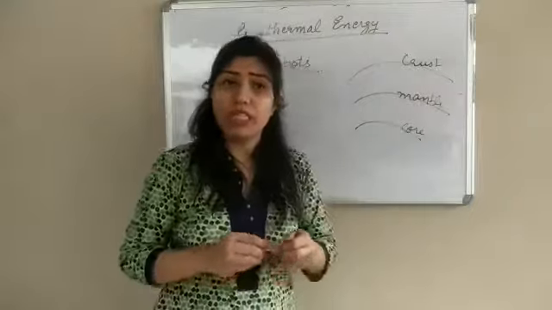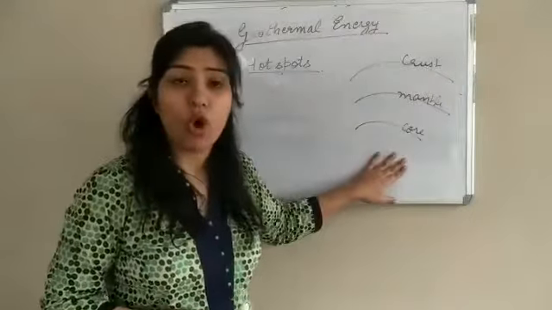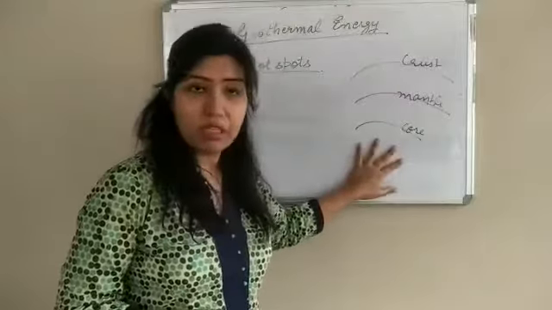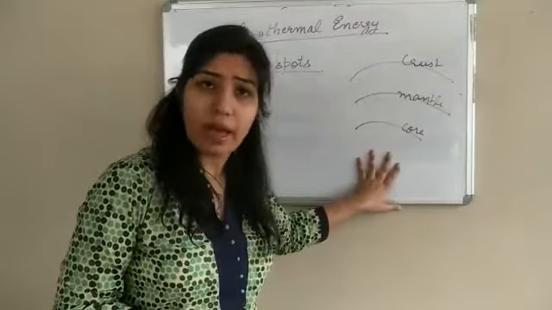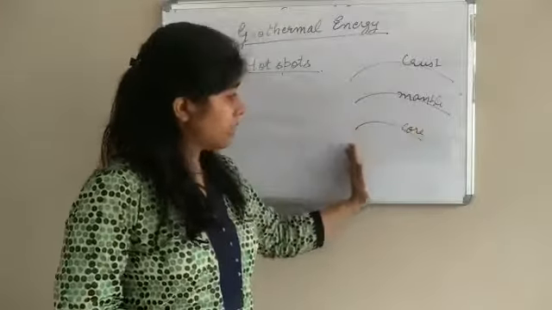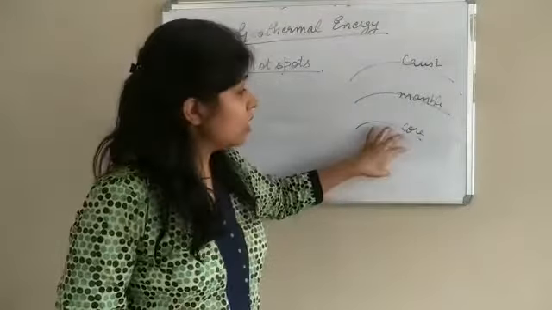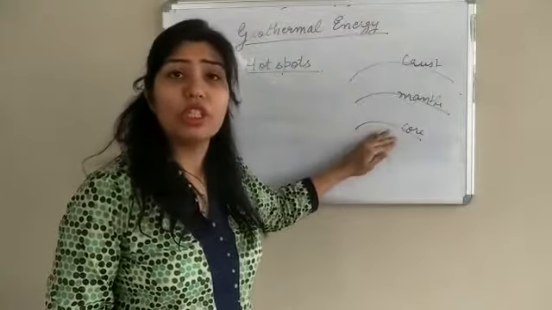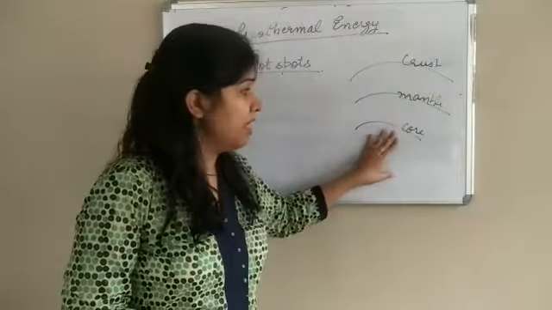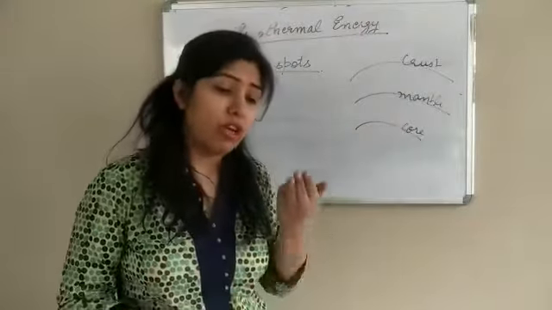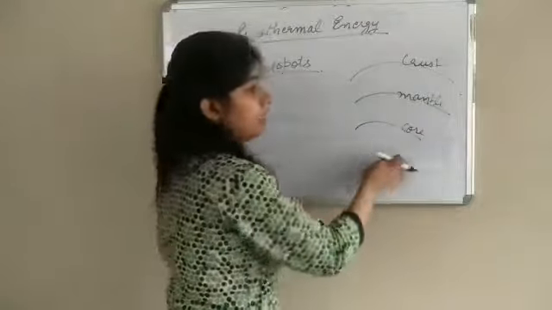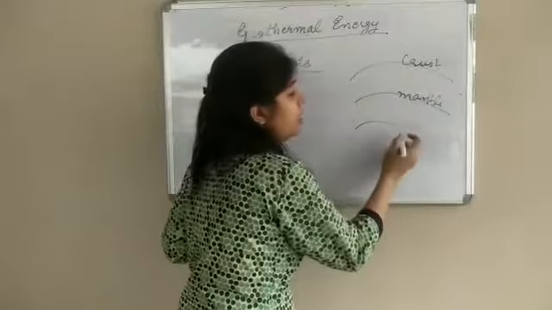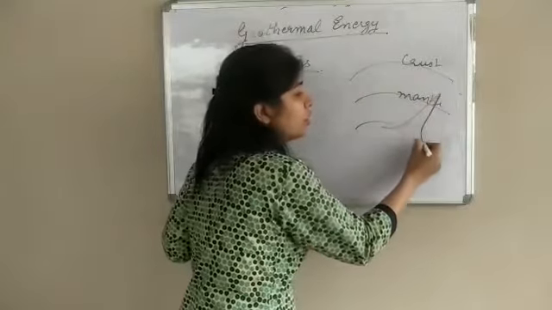Now, as we know that the core mainly consists of molten metals, or metals with very high temperature. Now, sometimes what happens, in some areas, these molten metals have a very high temperature, and because of Earth's extreme pressure, these liquid metals are pressed onto the surface of the Earth.